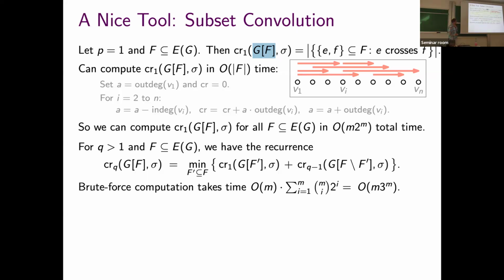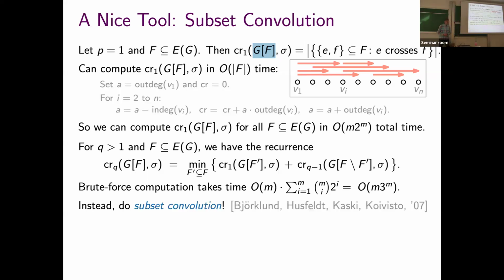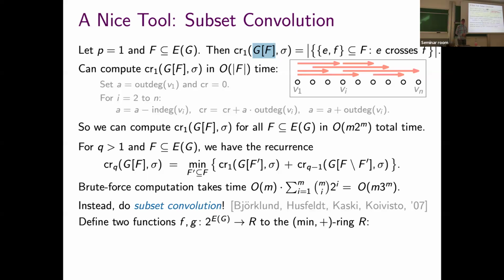Okay. So now we would like to improve, and that's where subset convolution comes in handy. You also improve from 3 to the m to 2 to the m? Yes. So we define 2 functions that map subsets of our H set into some ring that has the right operations that we need, the minimum and the plus.